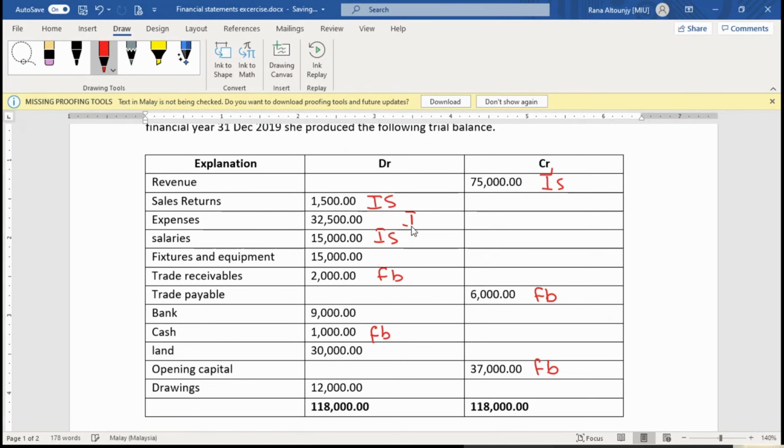Expenses, income statement. Yes. Where do we put the fixtures and equipment? Financial position. Correct.